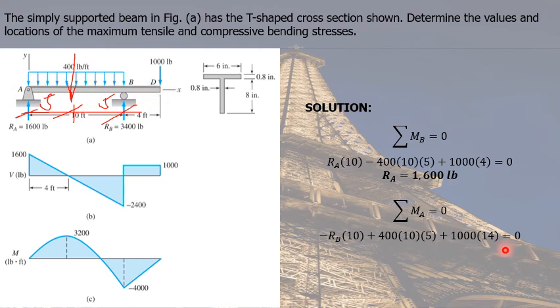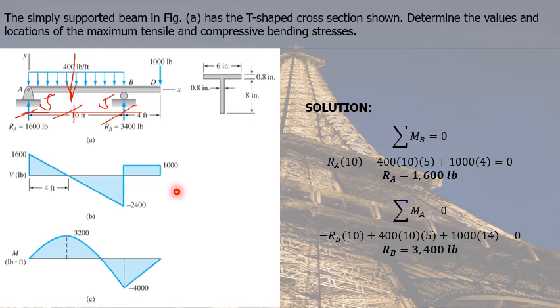After taking into consideration all the forces and their perpendicular distances, we equate everything to 0. And we can calculate for RB equal to 3,400 pounds. Again, a positive value, which means our assumed direction, which is upwards, for RB is indeed correct.